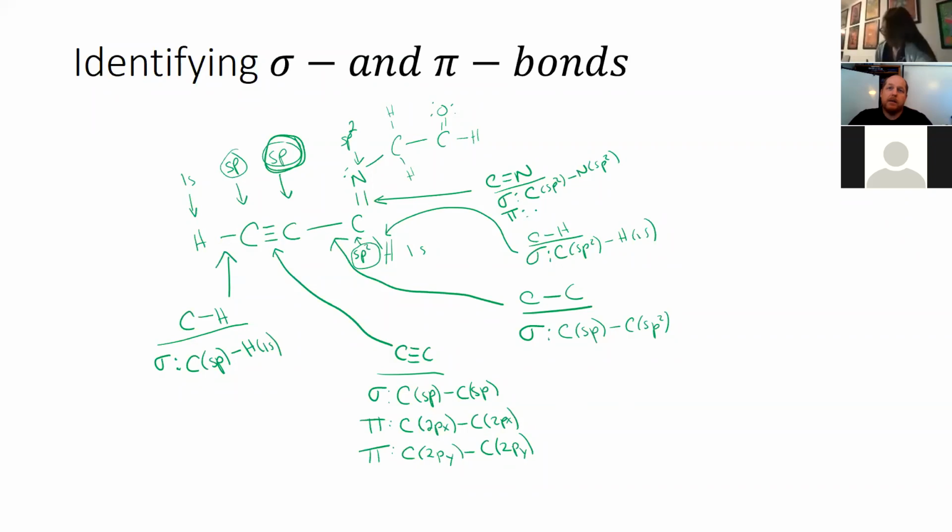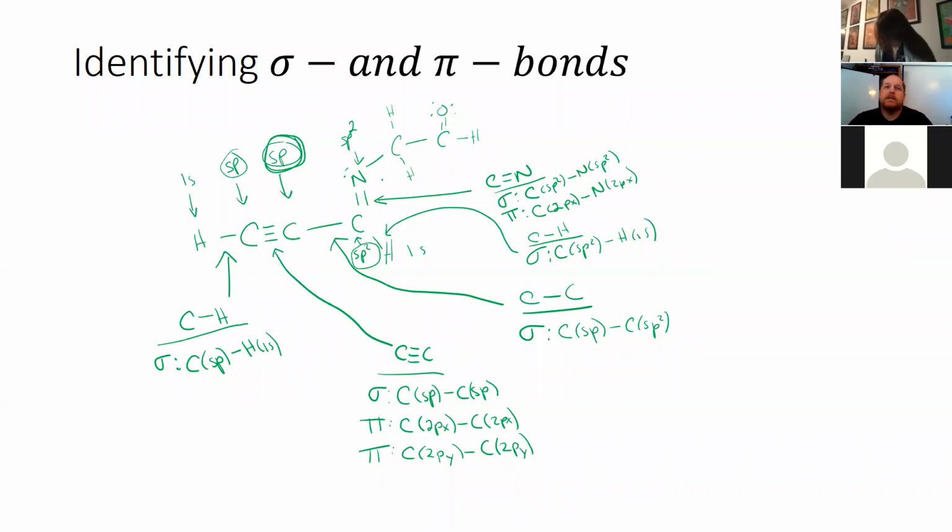And the pi bond is coming from, well, again, we're going to arbitrarily pick which of the p orbitals are involved here. So we can say the carbon 2px to the nitrogen 2px.